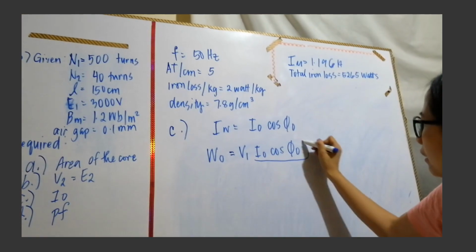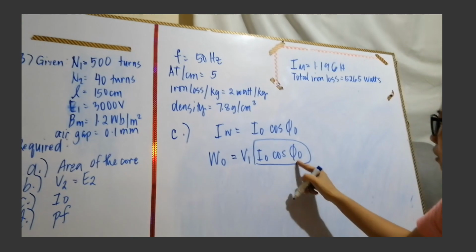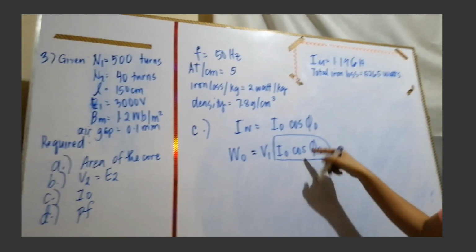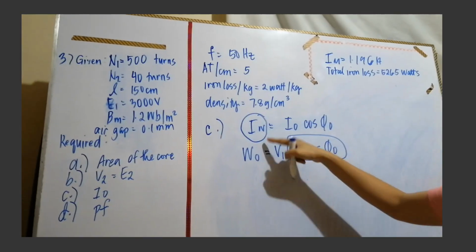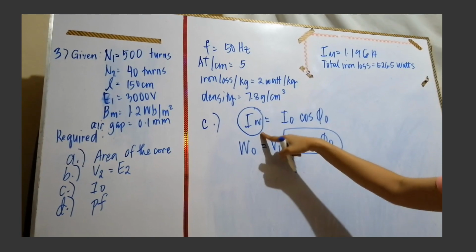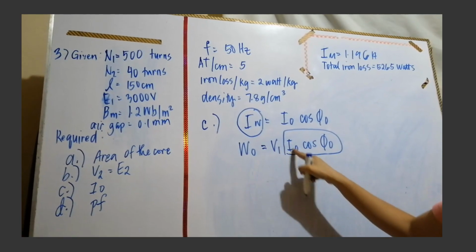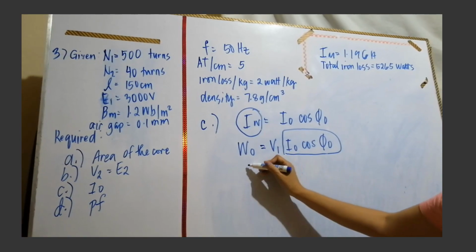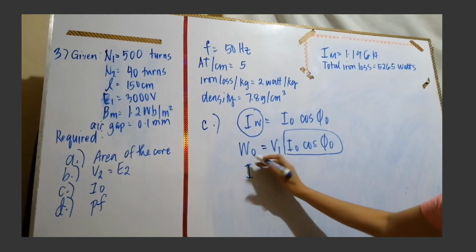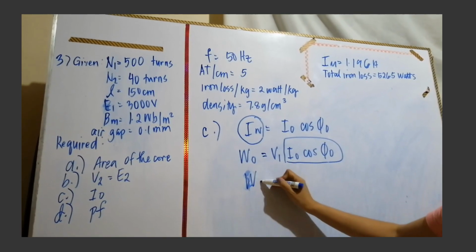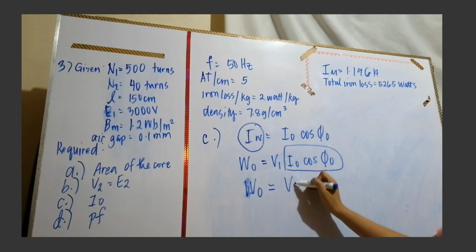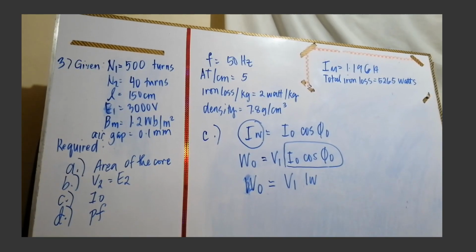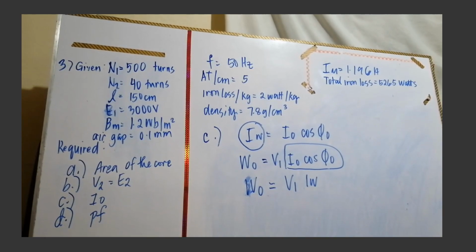Do you see that I sub 0 cosine phi sub 0 is equal to our I sub W? So therefore, we can substitute this into our equation. So we have W sub 0 is equal to V1 times I sub W.